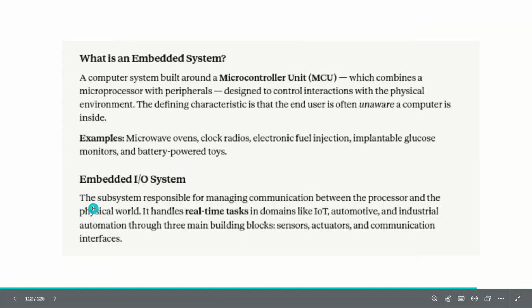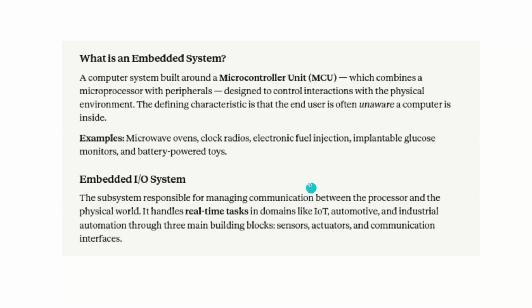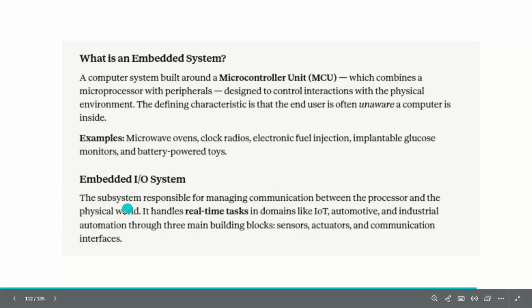The embedded IO system is the subsystem responsible for managing the communication between the microprocessor and the physical world.